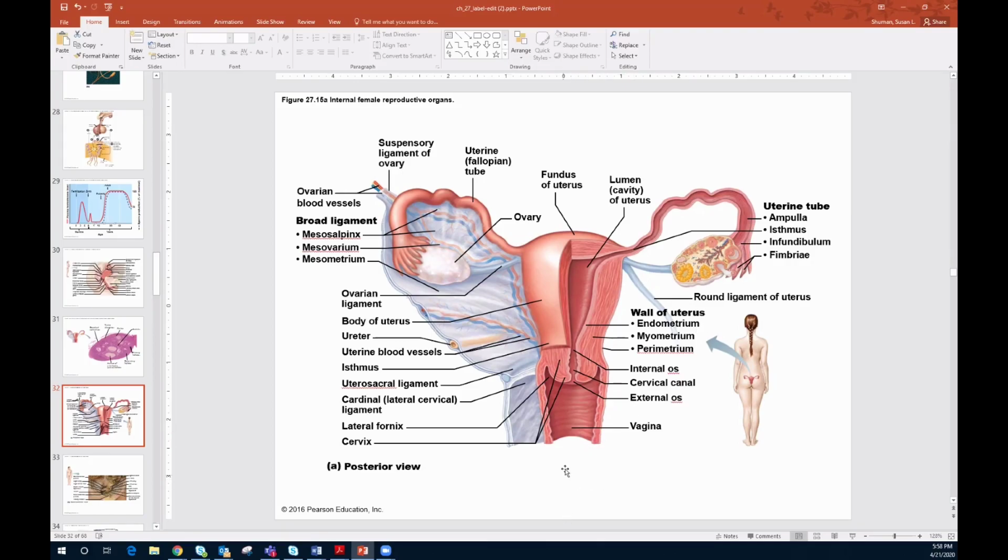But if you are a ne'er-do-well bacterium, let's say you're a little spiral thing called syphilis, Treponema pallidum, and you managed to get up the vagina because you came in a penis that decided to ejaculate in here. So now you go up the vagina through the external os of the cervical canal, through the cervical canal, internal os. Now you're in the lumen of the uterus.